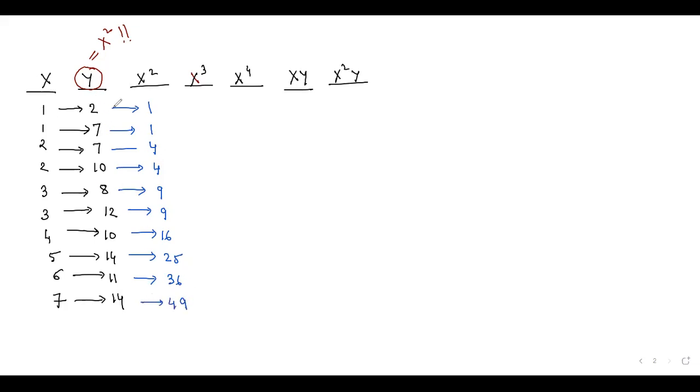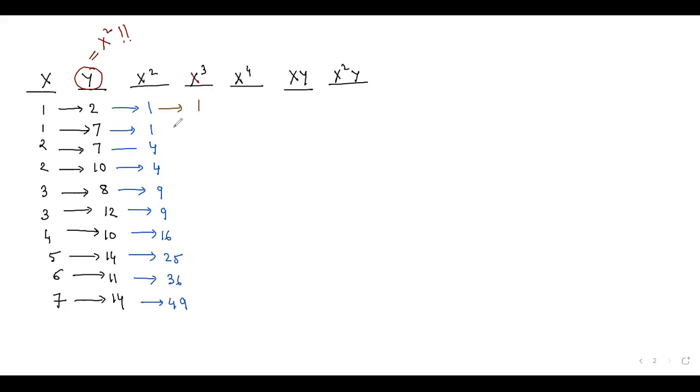You can now check the differences between y and x. At least we can say that y is not equal to x squared. They are different now, so I think it would be much better if I stick to that. All the square terms have been calculated. Now you go for the cube term.